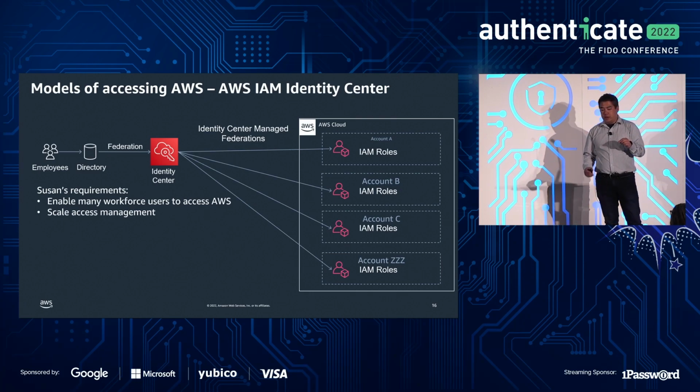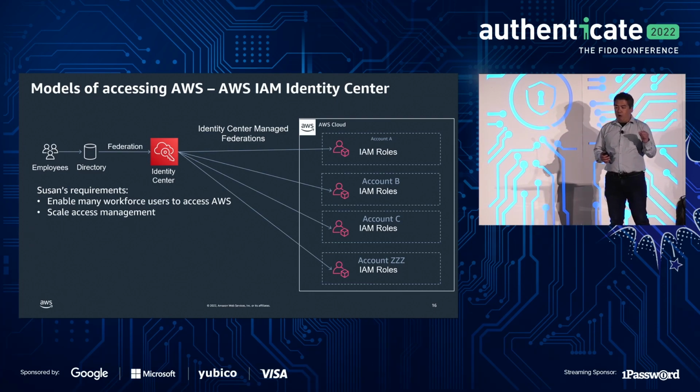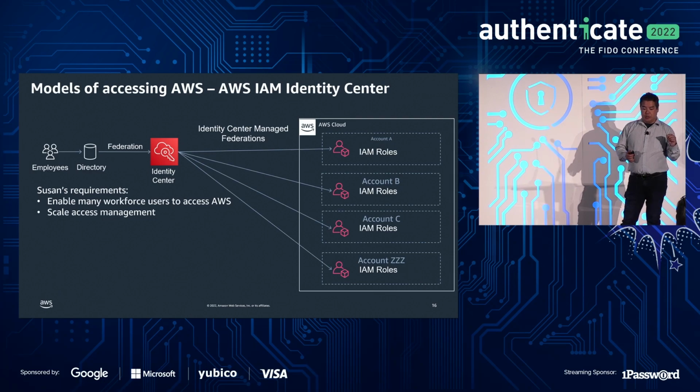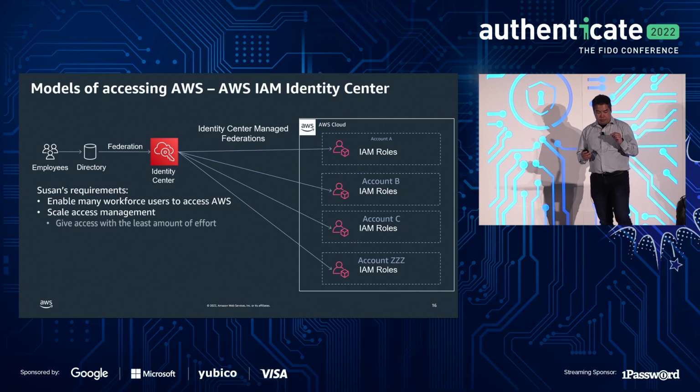So now everything's in one place. She doesn't have to find creative ways to do scripting to log in to every account, and she doesn't have to do CloudFormation stack sets and manage huge stack sets between all these accounts. It's now part of Identity Center, and she can do this centrally. So scale of access management is much easier for her now.